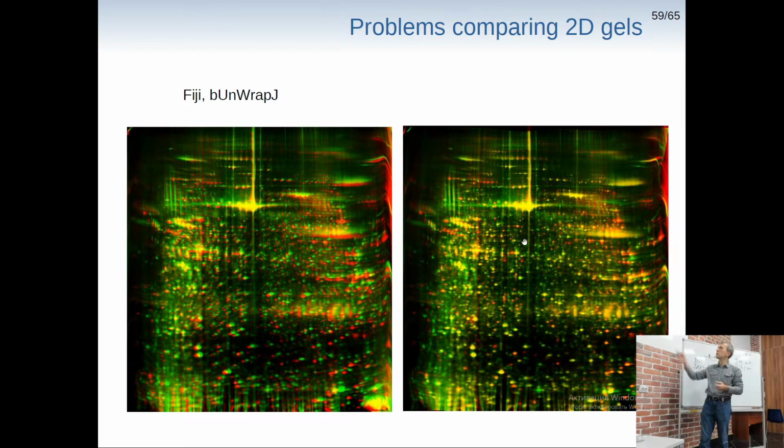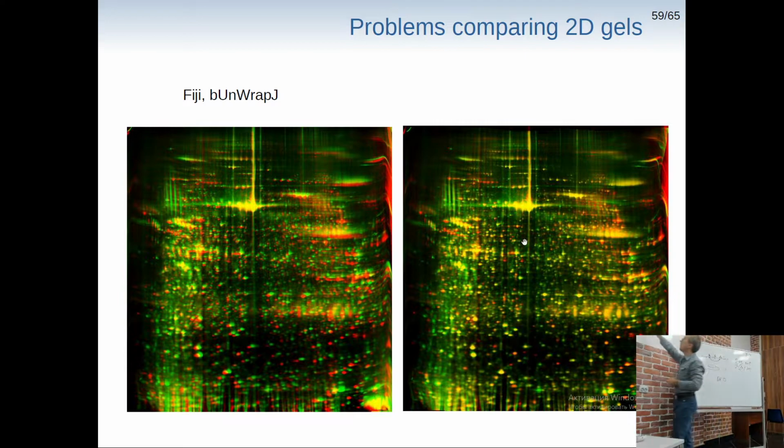And most of those points should actually have the same position. You can take one of the gels, say that's your master gel, and then align all other gels to it with the use of some software. First I will show you how to do this.